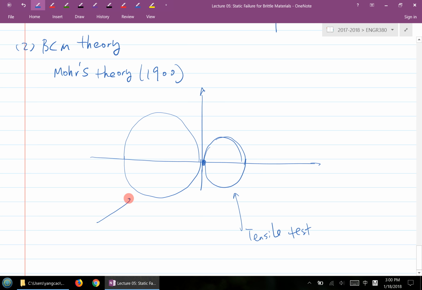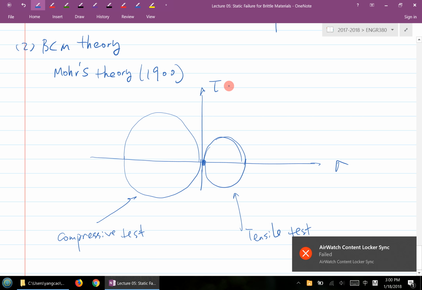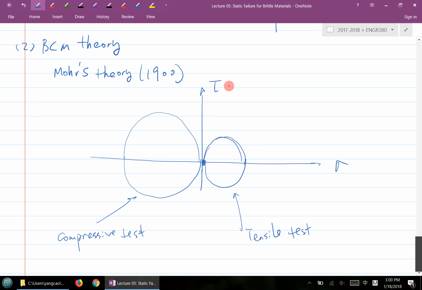That's the Mohr circle for the compressive test, which gives us basically the compressive strength. And then what else could we do? We could also do a torsional test, a pure shear test.